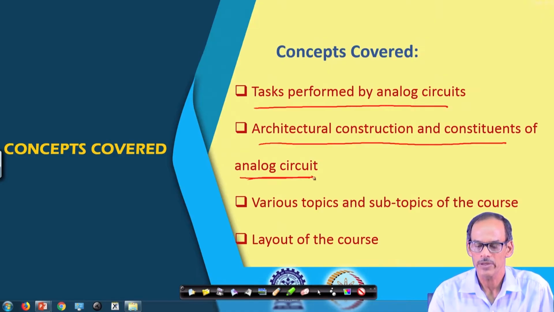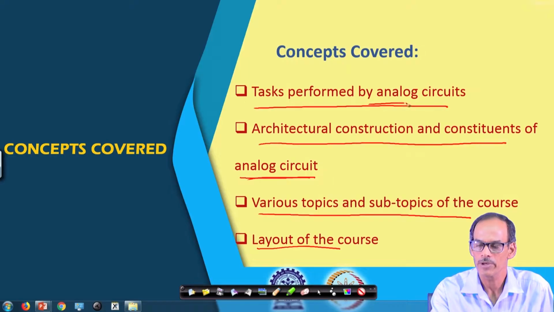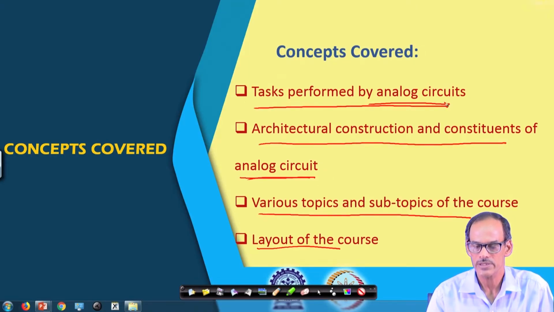So, these are the main two subtopics to be covered today, and then how they are planned over the different weeks will be discussed. So, let us move to what tasks are performed by an analog circuit, but before that let us recapitulate the last slides of our previous discussion.